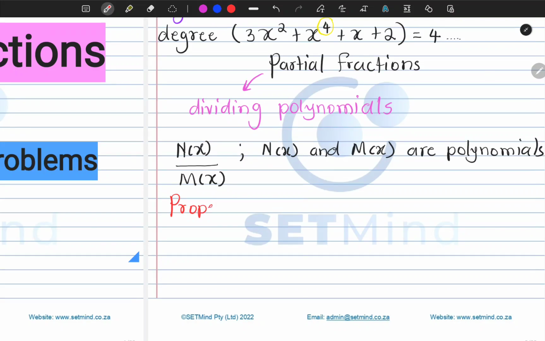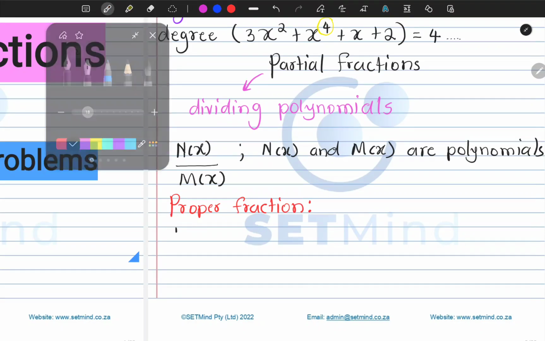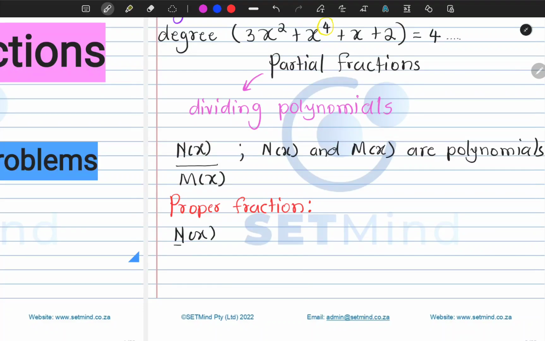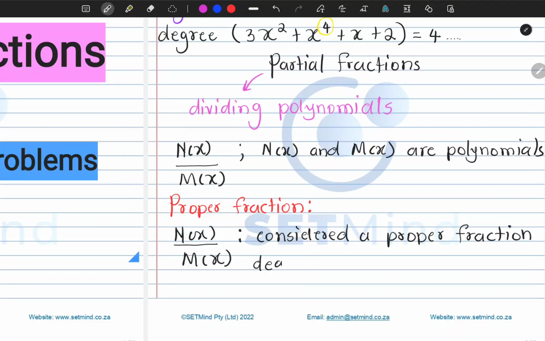So let's have a look at a proper fraction. If we look at the division of n(x) divided by m(x), this division will be considered a proper fraction if the degree of the numerator, which in this case is n(x), is less than the degree of the denominator, which in this case is m(x).